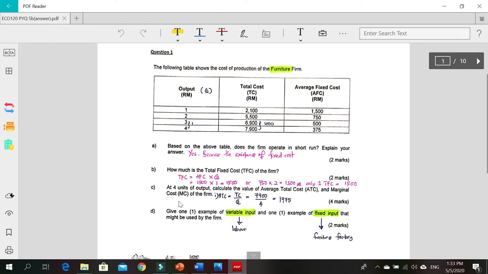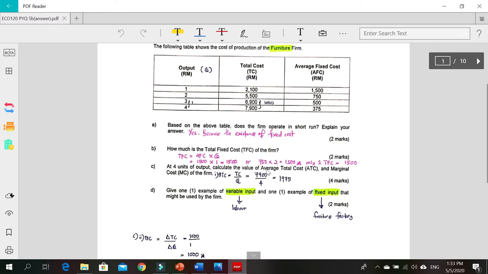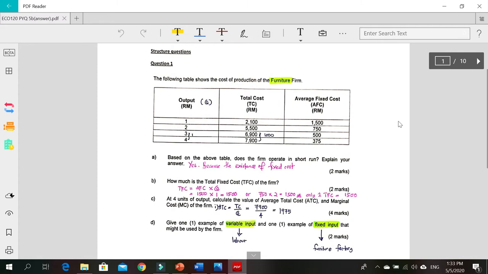Okay, and for 4 units of output, calculate the value of average total cost. Average total cost is average cost. So sekarang ni you don't have it in the table, right? Tapi you ada total cost here. So formula untuk dapatkan ATC is basically total cost bahagi Q. Dia nak masa 4 unit of output, so we don't need another table to calculate for every output.